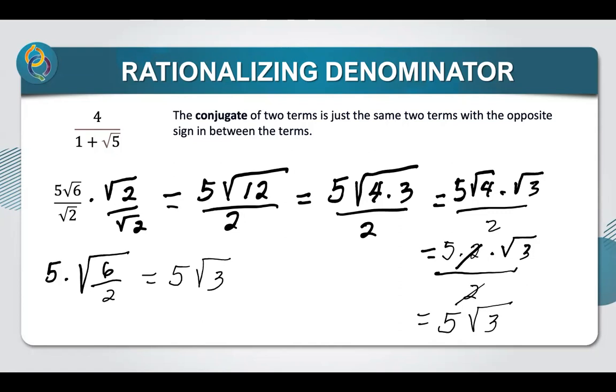Yes. So there's a long way, and of course it's not always the case, because it just so happened that 6 and 2 you can divide. But there are times when you have the square root of 6 over the square root of 7 and you cannot get the square root of the denominator, or maybe the denominator is a little bit bigger than the numerator.